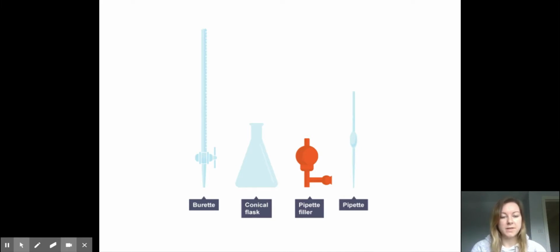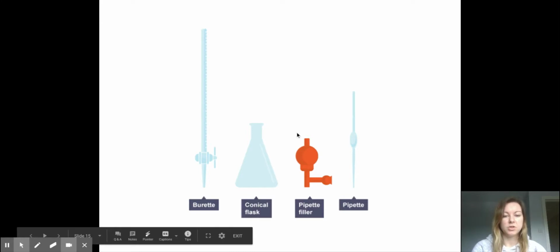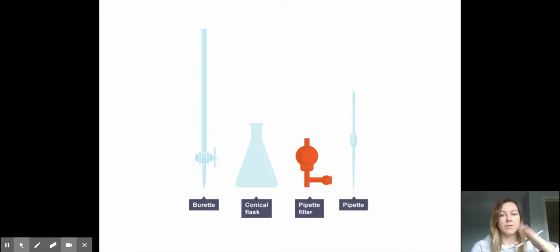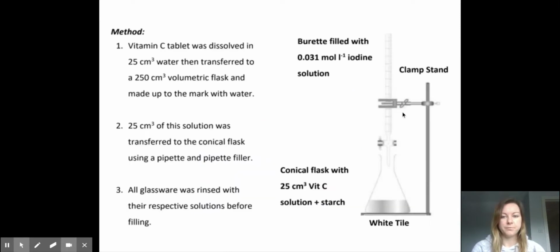You also get pipettes that are like 10 centimetres cubed as well, but that is a piece of equipment used to measure one volume of liquid only. And as you all know, you can use the pipette filler just to draw the liquid up into your pipette. You should fill it above the line first and then lower it down again until the bottom of the meniscus is just sitting on the graduation mark.